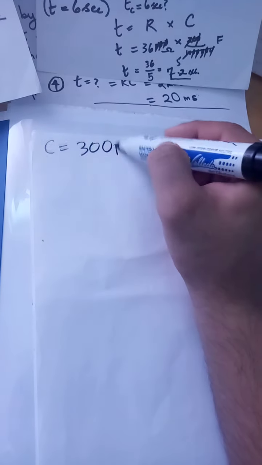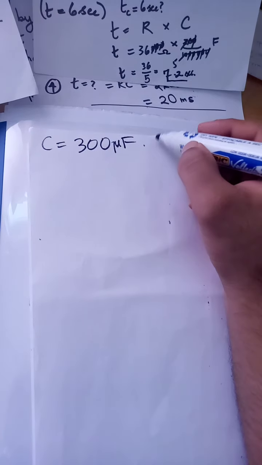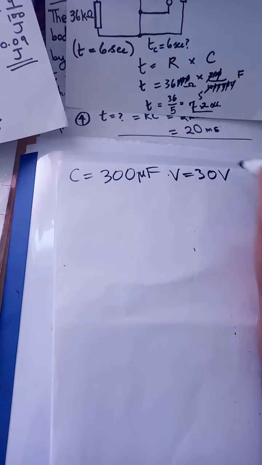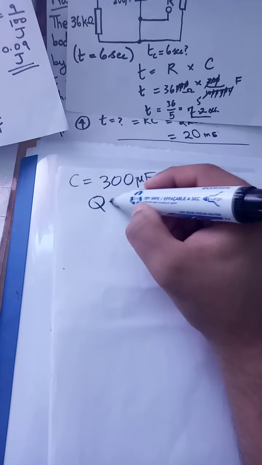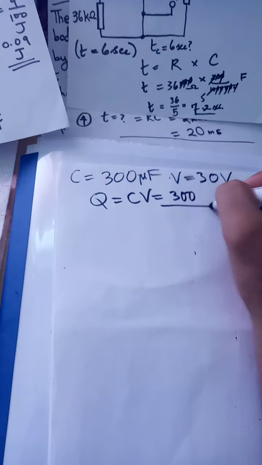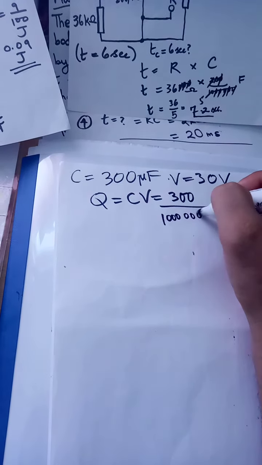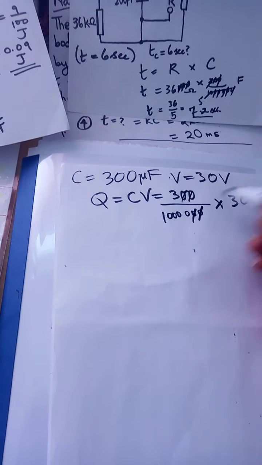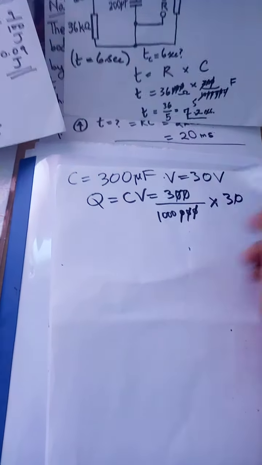So now in the circuit we have C as 300 microfarads and the voltage is 30 volts. Now we want to find Q equals CV, and that would be 9 millicoulombs.